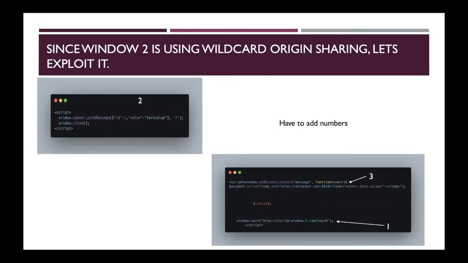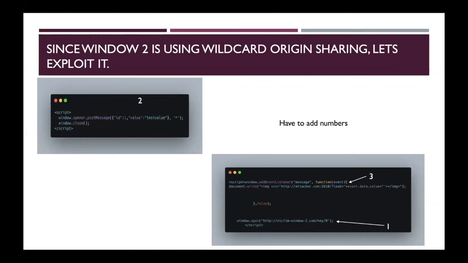As you can see in the page number one, first of all, an attacker has crafted an HTML page in which he or she is using window.open to open the page, which is like http://victimwindow2.com/key.0, just to get the particular user's session.